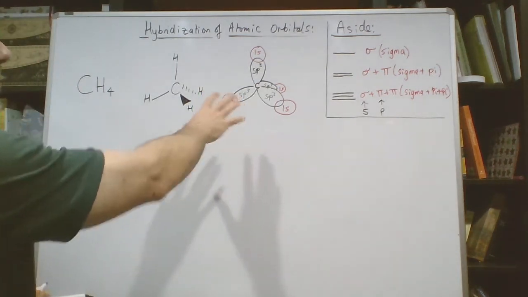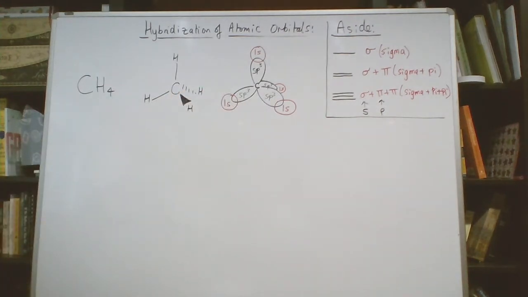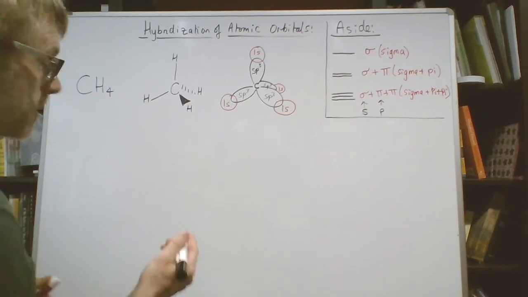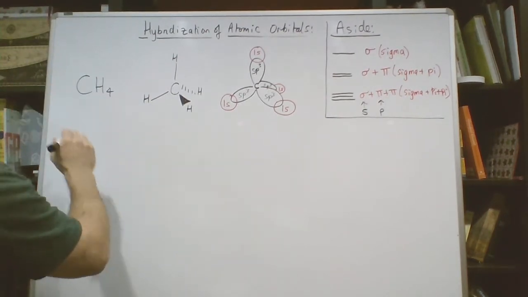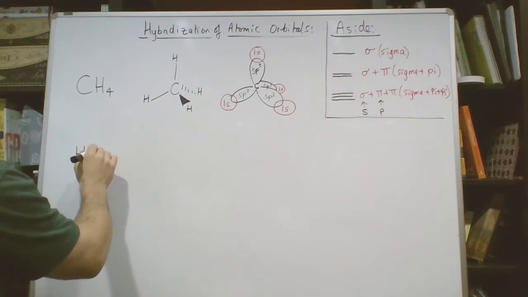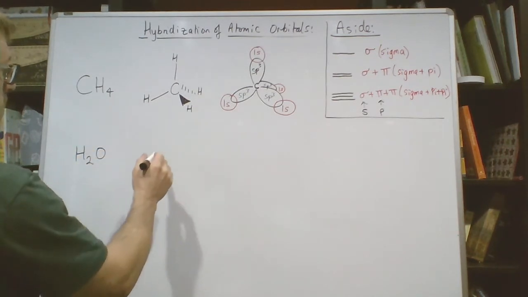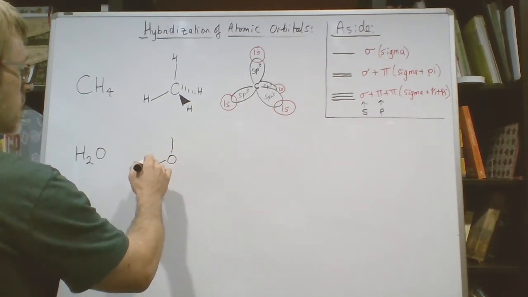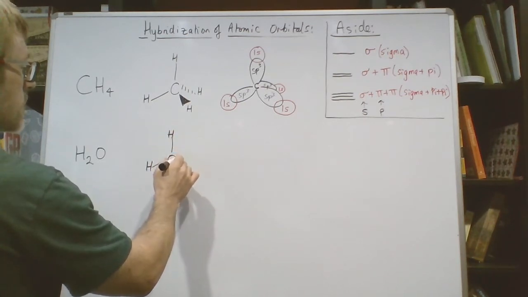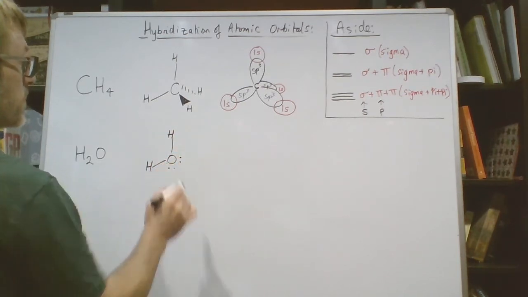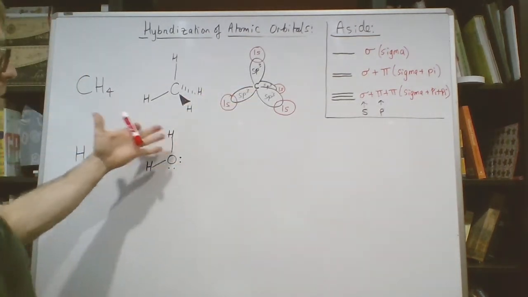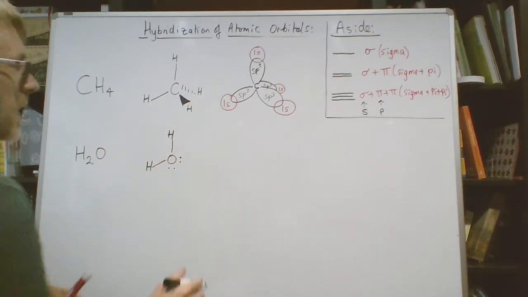So this is how you would, at least attempt to, draw a three-dimensional representation of hybridization. We looked at water next, right? We know that water can be written as a line wedge diagram with its hydrogens thusly, its lone pairs here. If we wanted to draw some kind of hybridization representation, remember that everything here was sp3 hybridized again.